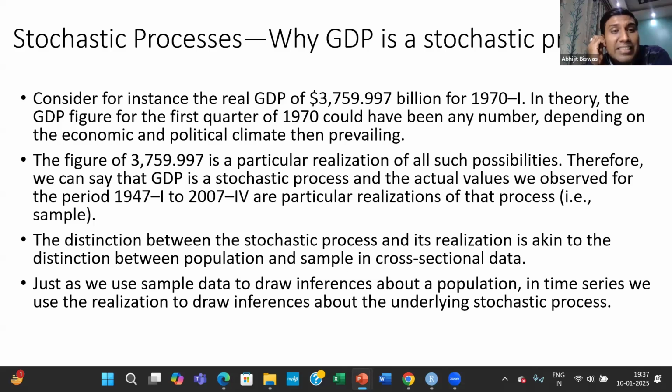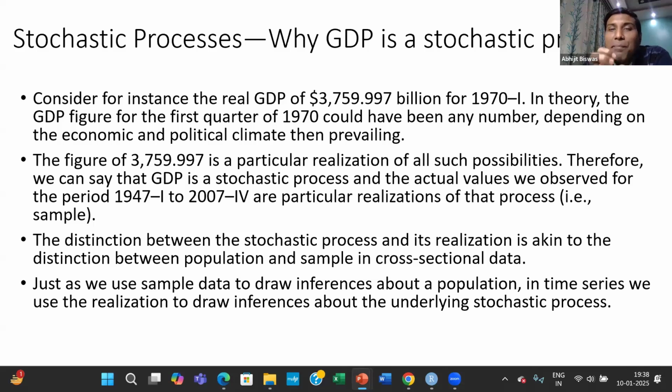Therefore, we can say that GDP is a stochastic process. And the actual values that we have observed or captured in our sample are realizations of that particular process. That is the sample.